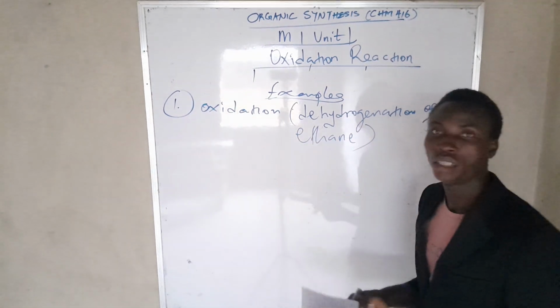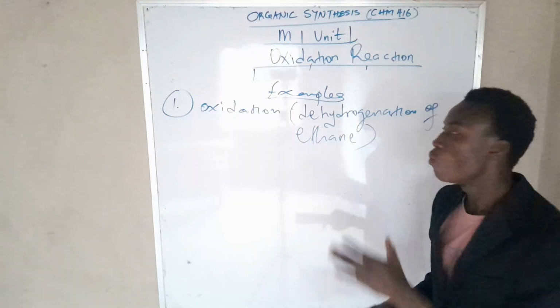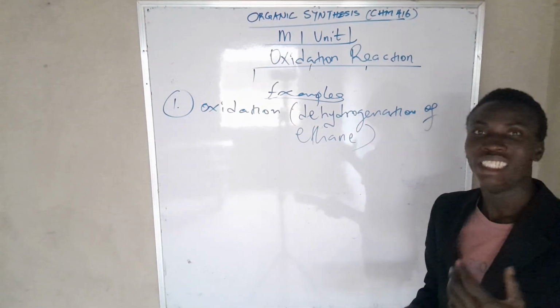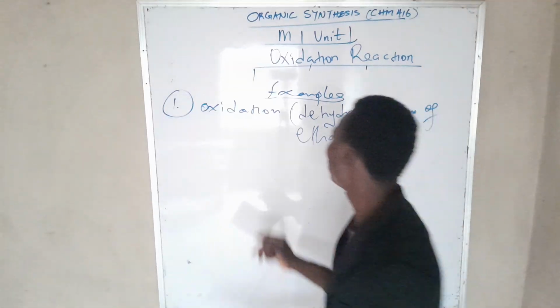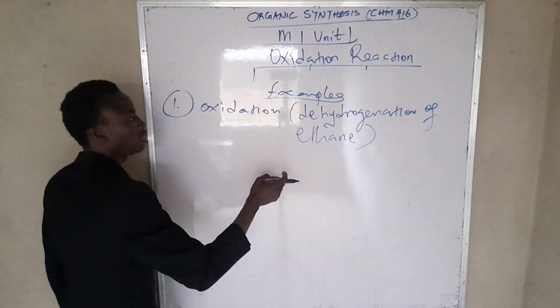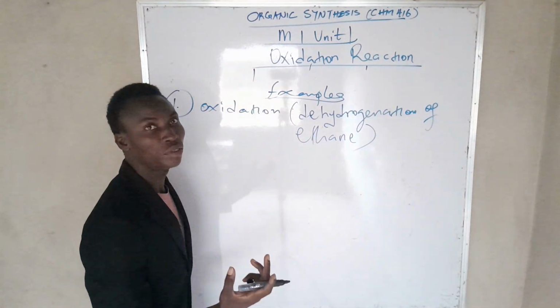When we talk about dehydrogenation of ethane, ethane, which originated from the alkane, is dehydrogenated. That simply means we remove hydrogen from it.